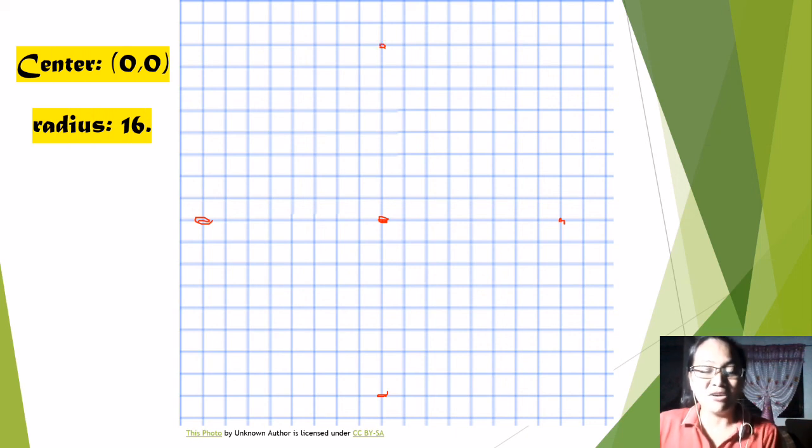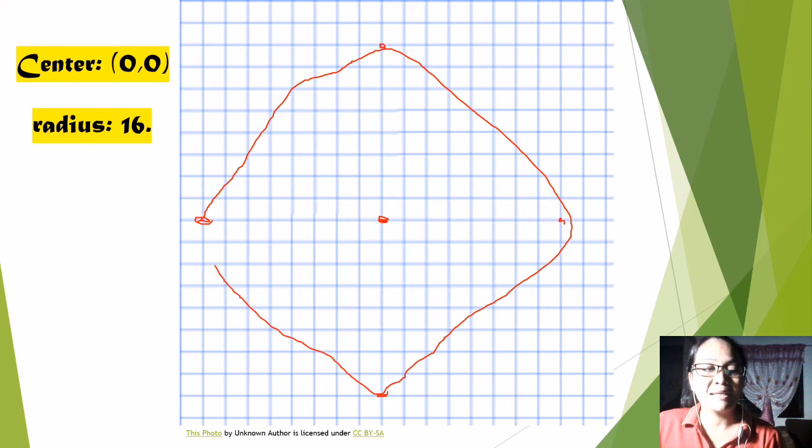Okay, using your compass, yeah, compass is the best. Connect these points, 4 points, then you will be having a perfect circle. Okay, so you can label the points.